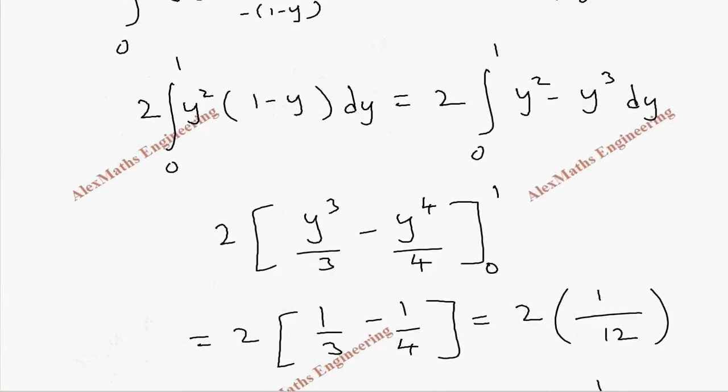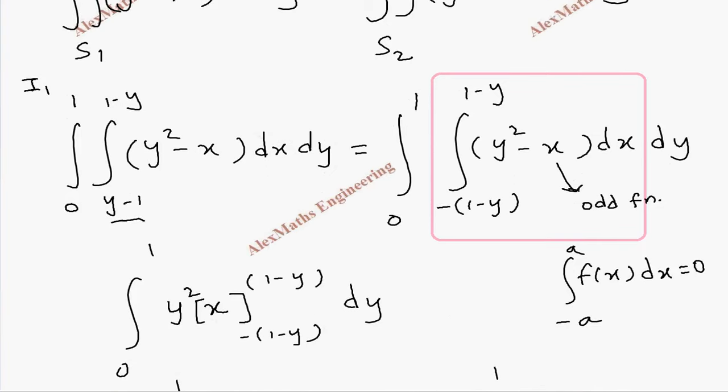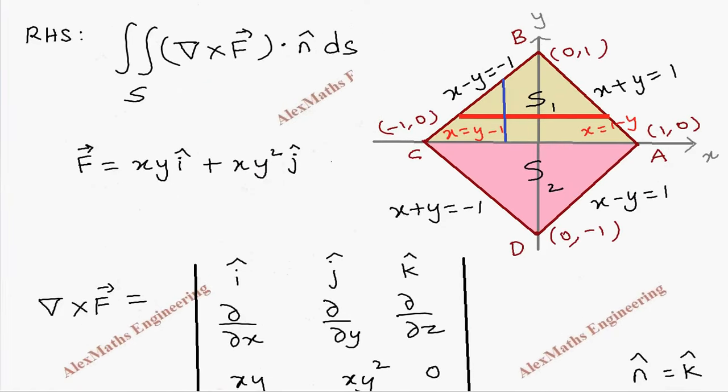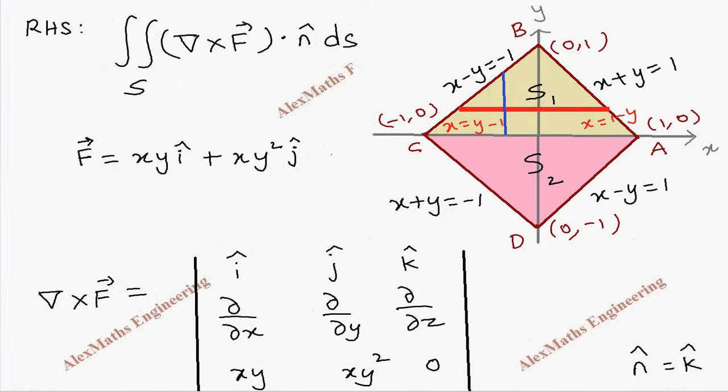So for this, y square minus x into dx dy, which is same as the previous, dx dy, and the limit I have to see for this bottom region. So for this bottom region, when I take the horizontal strip, the x ranges from, I have to take from this equation. X will be minus 1 minus y, and from this x will be 1 plus y.